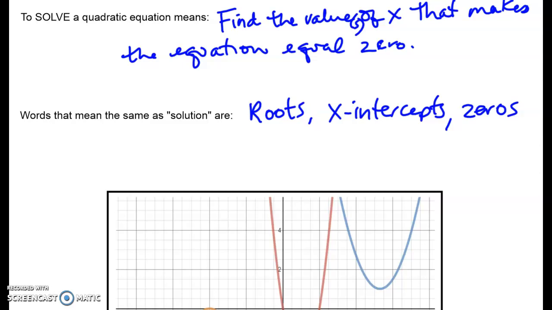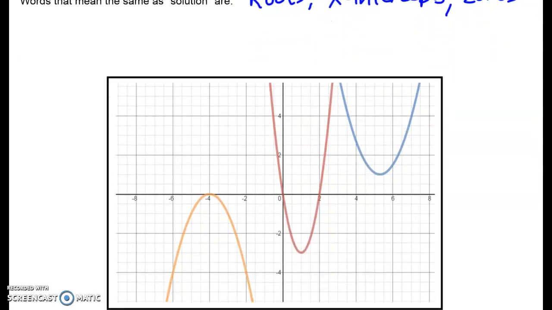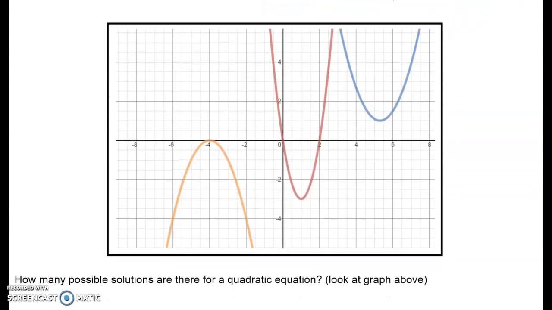So how many solutions can a quadratic equation have? Good question. So let's pull the screen down here. You'll need to notice this same page on your notes. Here are 3 examples of parabolas, of graphs of a quadratic equation. Now, we can see the places where these 3 examples cross the x-axis.